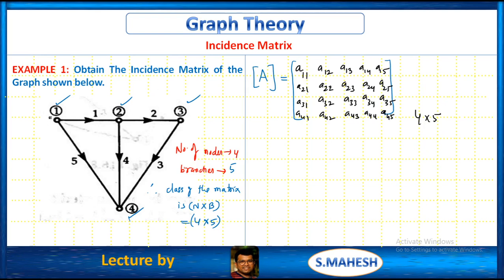So from this first node and this first branch, which is oriented away from node 1, A11 is 1. Right? Like that, what about A12? From this first node, this second branch: it is not oriented from the first node, it is oriented from the second node. Obviously A12 equals 0.